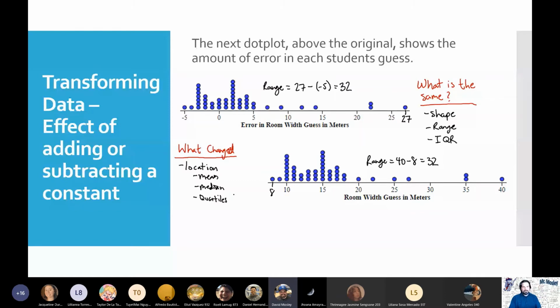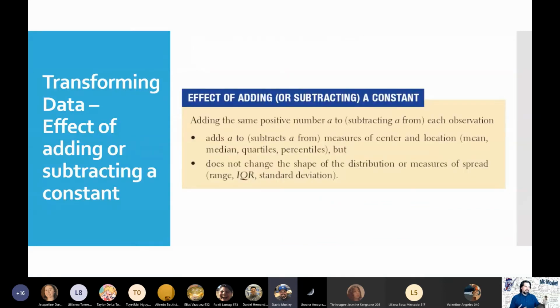Right? So, in a nutshell, when we add or subtract a constant, and the constant is just a fancy math way of saying a number, like a whole number, adding the same positive number or subtracting, right, to each observation adds a to or subtracts a from measures of center and location, right?